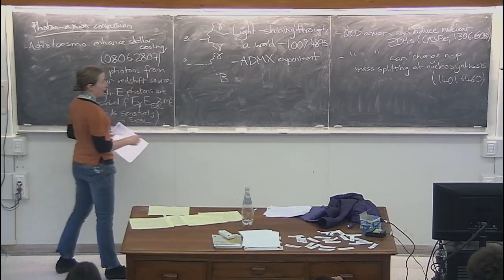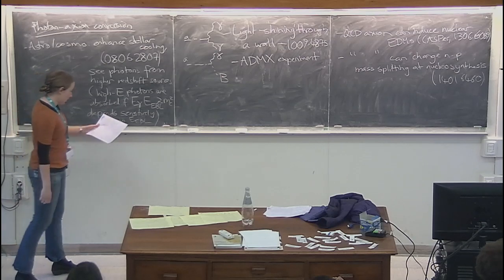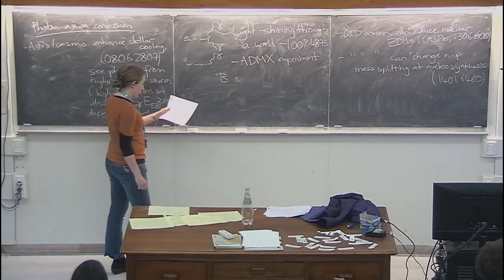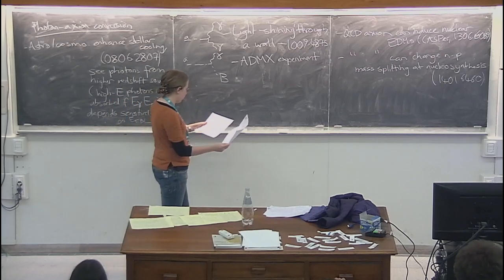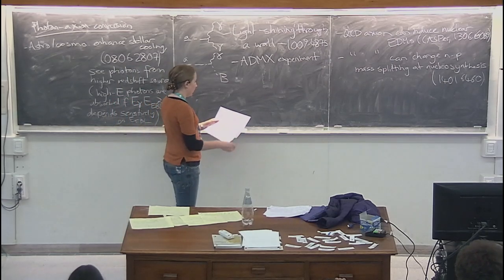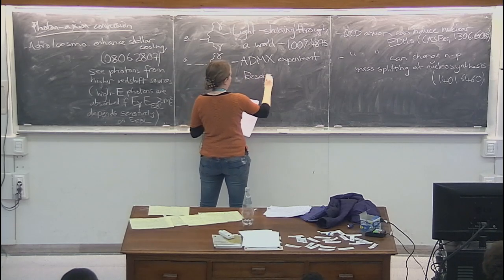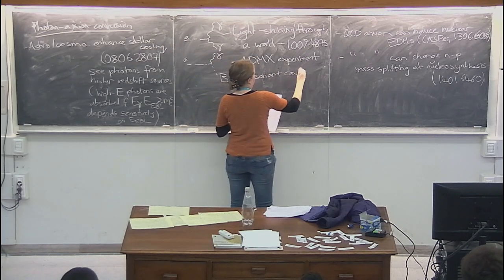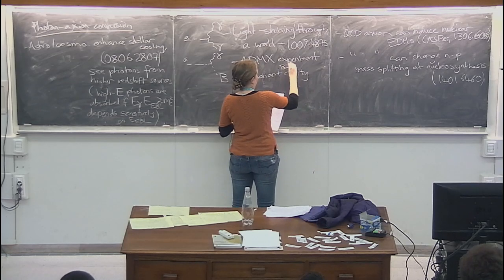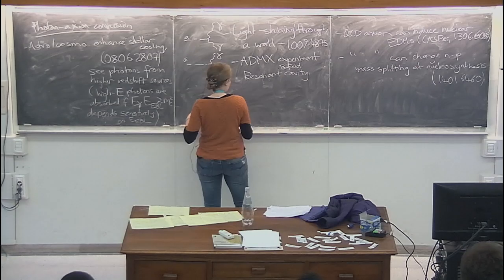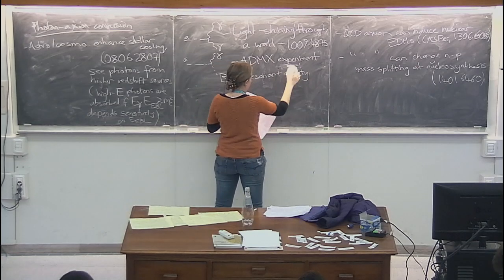So the picture here is, in ADMX, you have a resonant cavity with a strong B field.